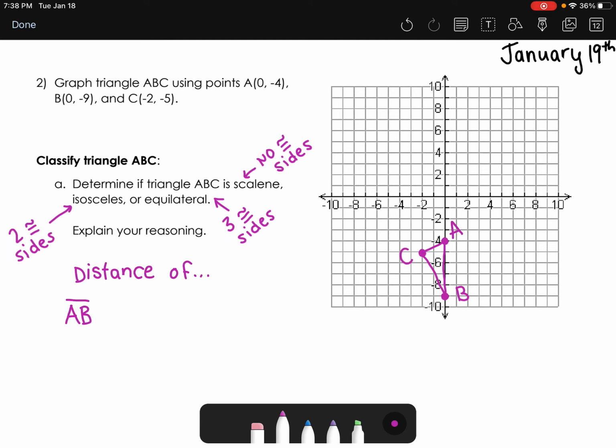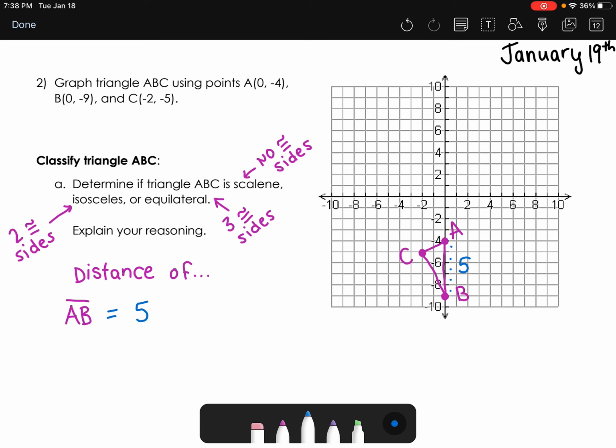Now, since A to B is on that black line, it's actually right on the y-axis, we can count those boxes from A to B. So we could count 1, 2, 3, 4, 5. So AB is actually 5. I'm going to write that. So AB is equal to 5 units, or whatever it may be.